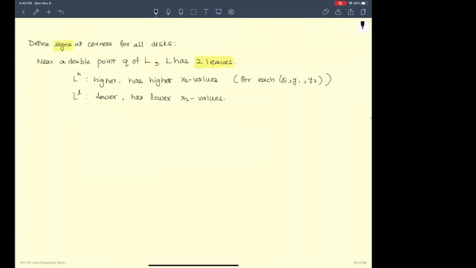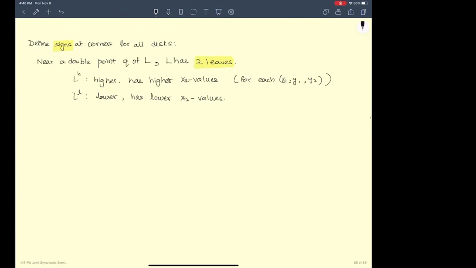Near a double point of the Lagrangian tangle, you have exactly two leaves, because only transverse self-intersections are allowed. One of these leaves has higher x2 values and the other one has lower ones, very close by. So using the x2 values, I can say you have a higher leaf and a lower leaf.